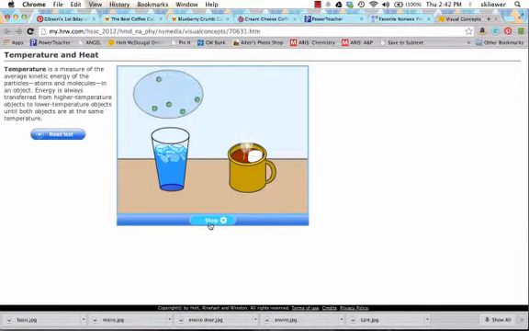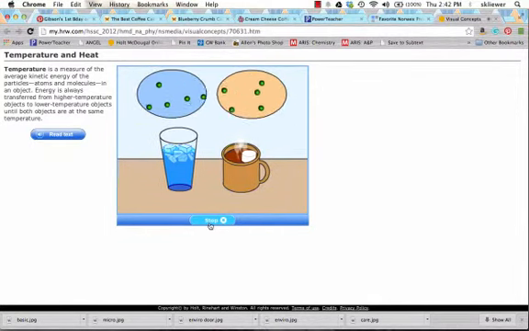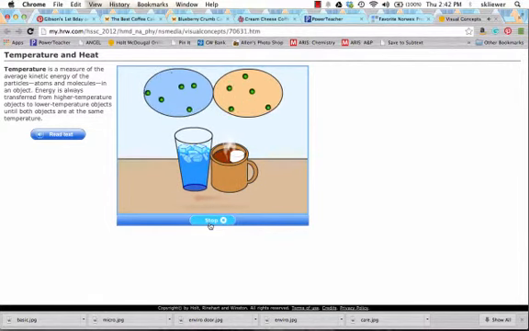Particles of an object at high temperatures have high average kinetic energy. When two objects with different temperatures are in physical contact, a transfer of energy occurs. Heat is the energy transferred between objects because of the difference in their temperature. The natural flow of energy is always from the hot to the cold object until both are at the same temperature.